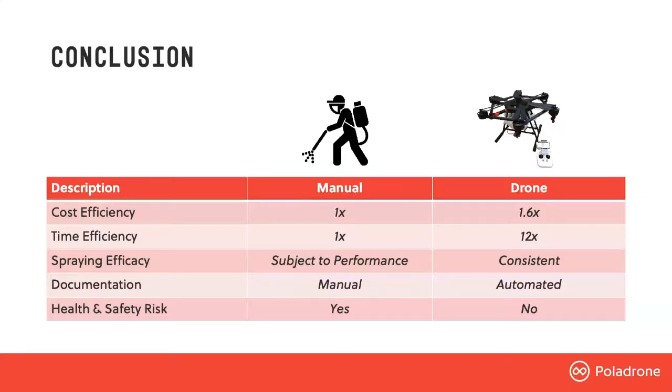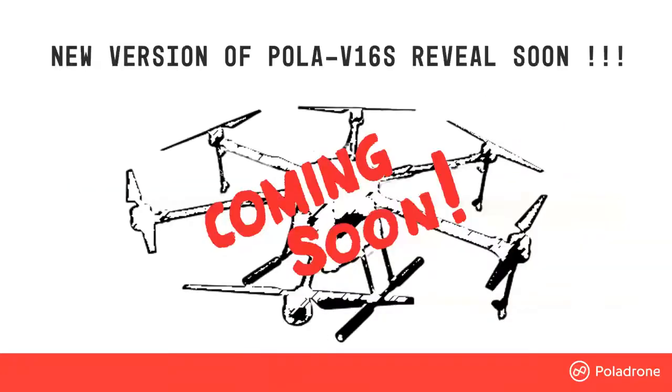So yep, there's an update and also an announcement for our audience here. In the coming months, August or September, we're going to launch a new version of our Pola V16S. We have strengthened all the features and the ability of the drone.